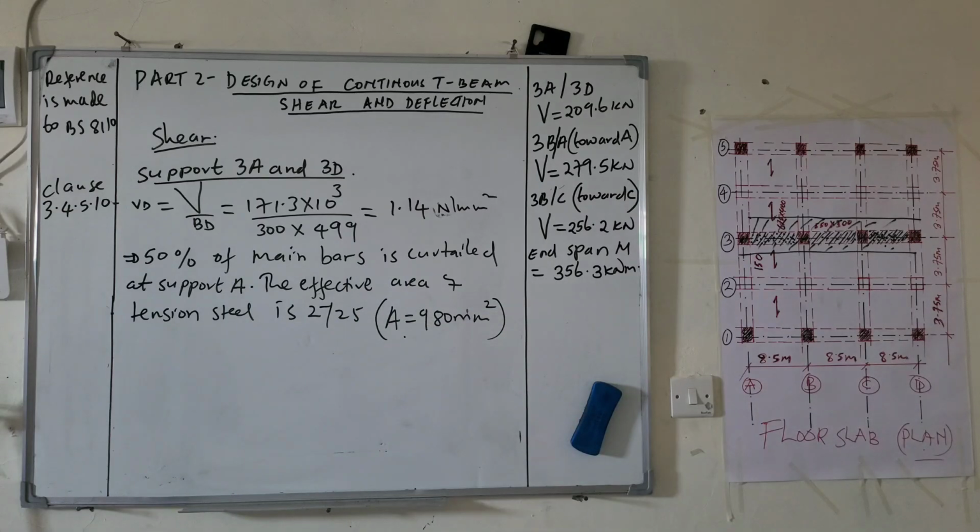So what is curtailment? Curtailment is shortening the length of reinforcement bars in a structural element based on design calculation, where the bending moment or shear force is lower and full reinforcement is not needed.